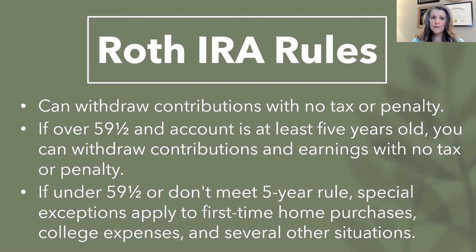Now, if you're under 59 and a half, or you don't meet the 5-year rule, there are some special exceptions for pulling the money out, such as if you're a first-time home buyer. I have had clients that have used that, and they just pull out the contribution, and even the earnings, they don't need to worry about it, because then they can dub it as the first-time home purchase, and they're safe.